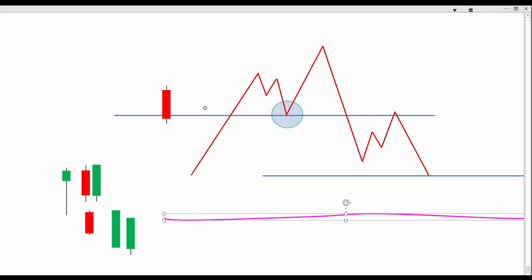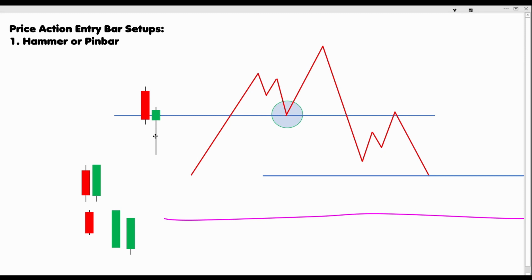Let's imagine we have an important support level there, right at this point. I'm going to show the bars there. So the first thing I look for is something like this.